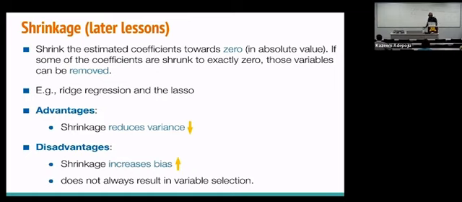Now let's look at shrinkage. I put that in later lessons. In shrinkage we use lasso regression and ridge regression. The idea behind shrinkage is that this approach will automatically shrink the coefficient of irrelevant variables to 0.